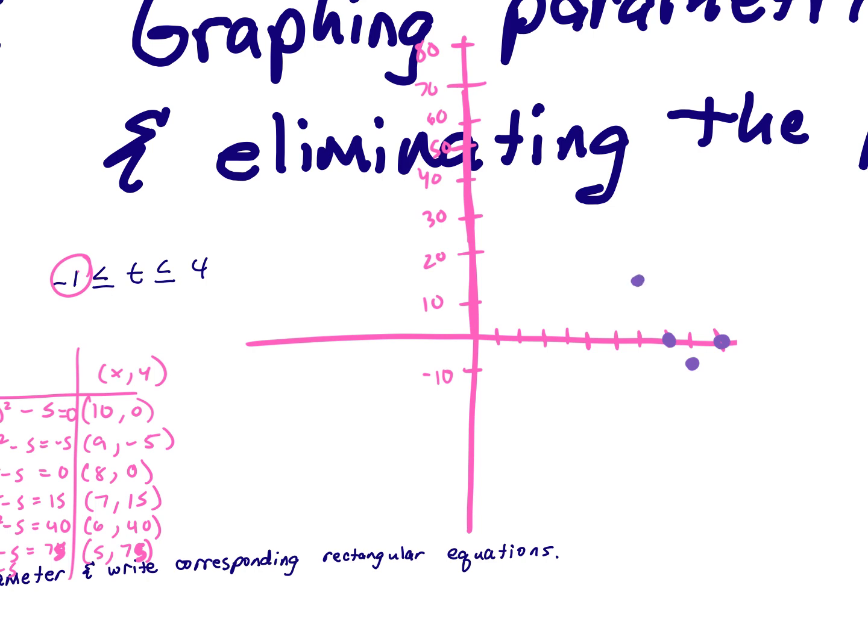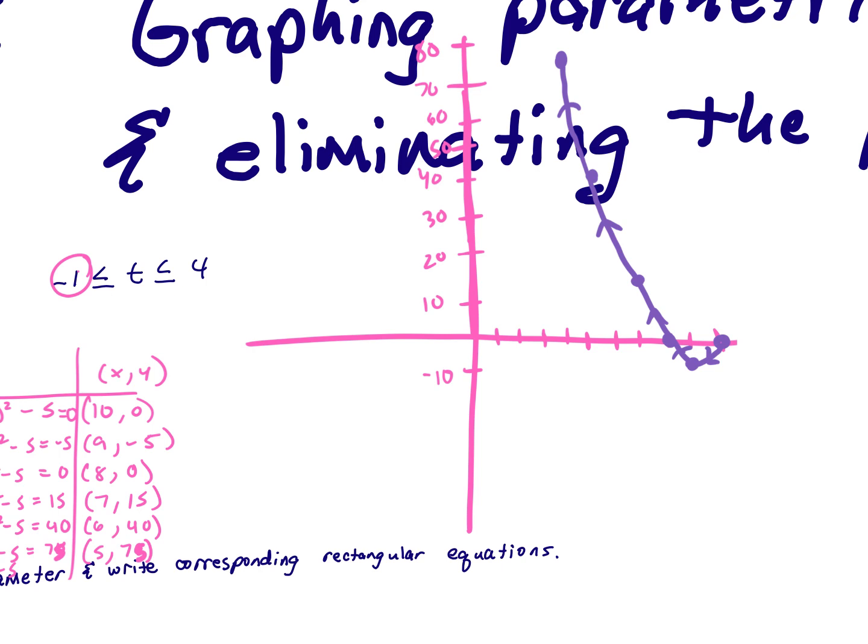To the right 6, go up 40. And then to the right 5 and go up 75. So my graph has this shape. And we started here at 10, 0, and then went down. So just make sure your arrows go in the direction of the points that you're plotting.